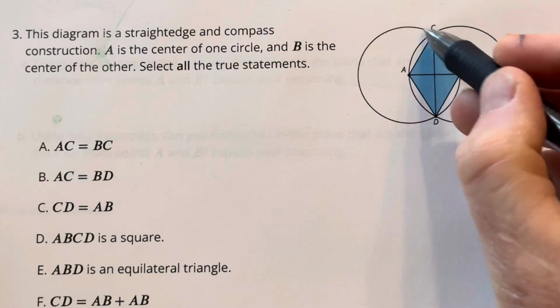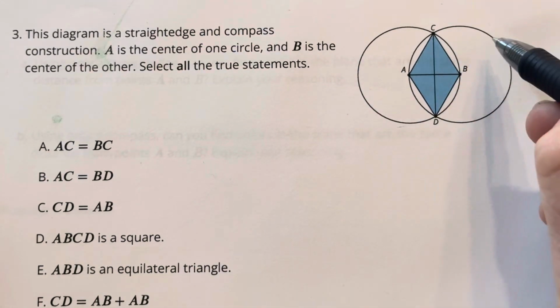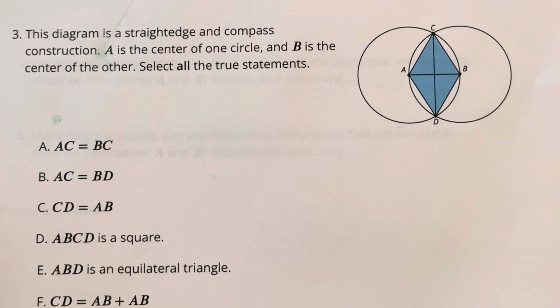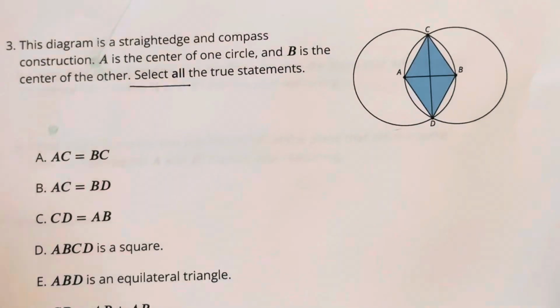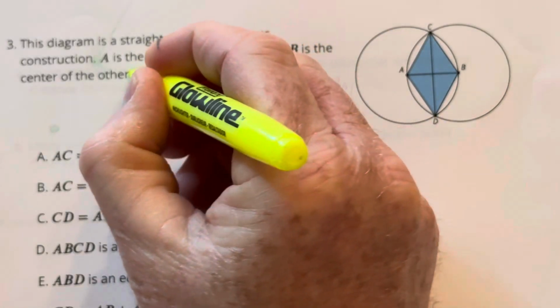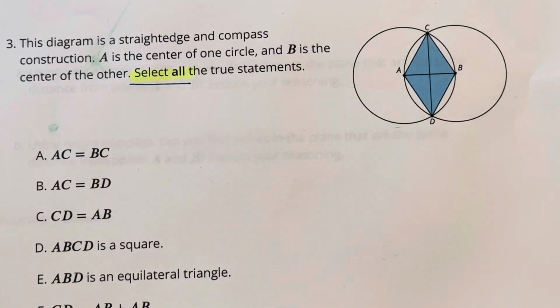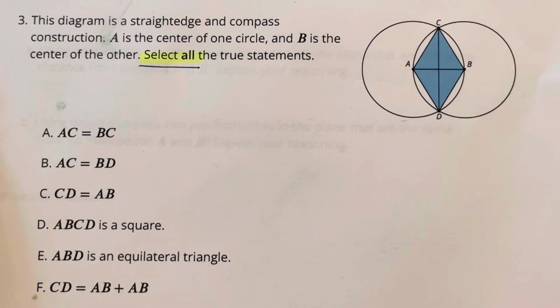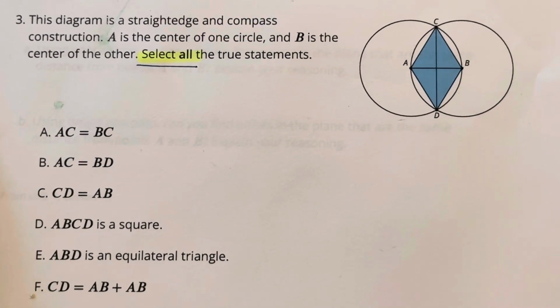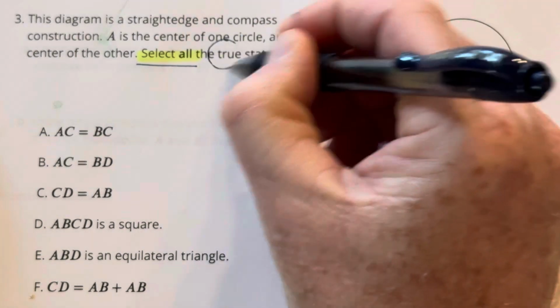A is the center of one circle, and B is the center of the other. Select all. That's an important one. Select all. That means that there's going to be more than one, most likely. So select all true.